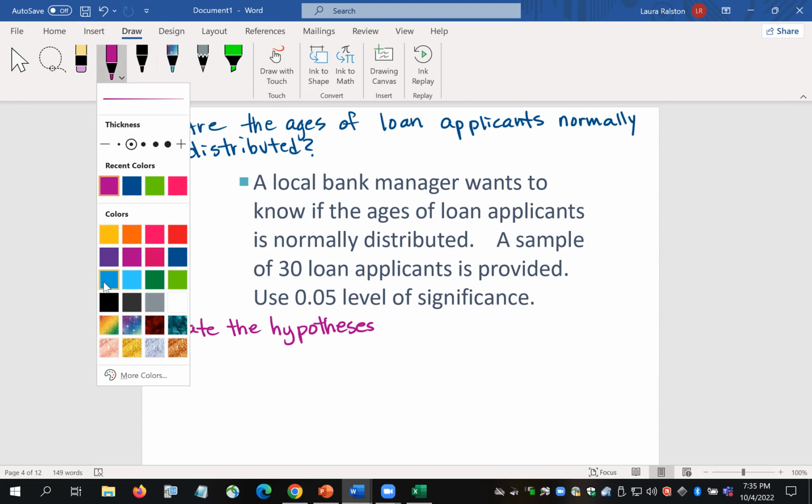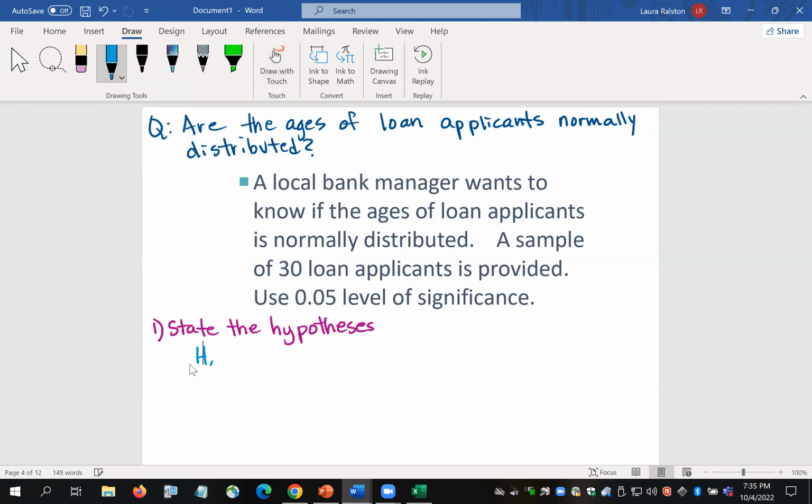Okay, so again, you would have your null hypothesis on the top and the alternative on the bottom. We stack them. The null hypothesis would be the data follow a normal distribution.